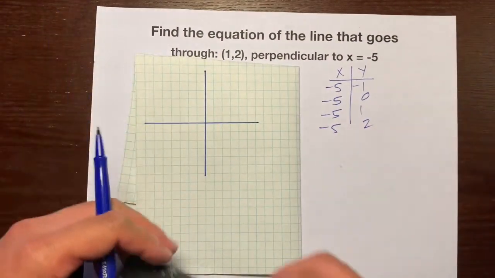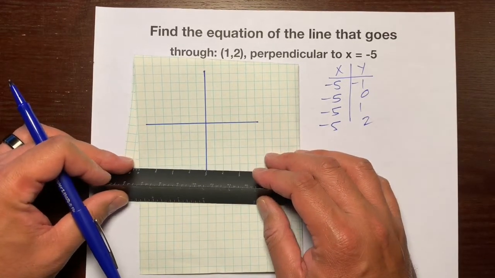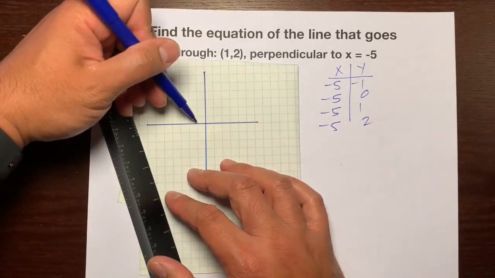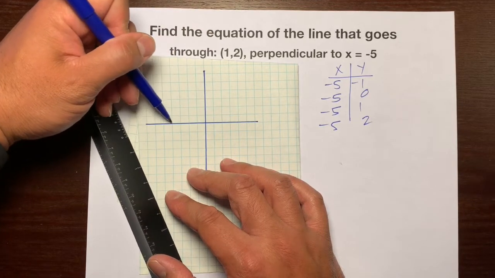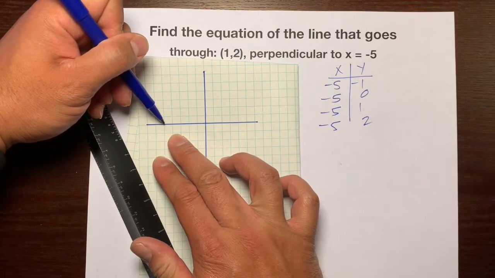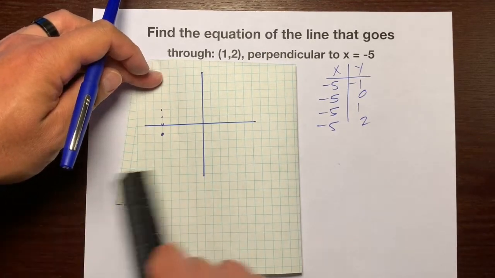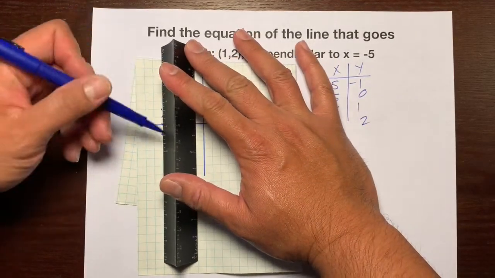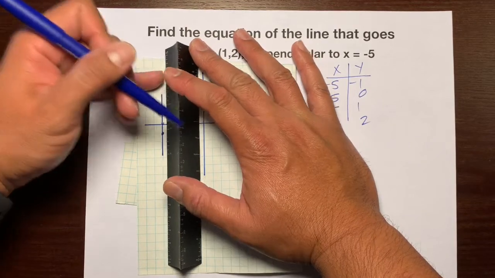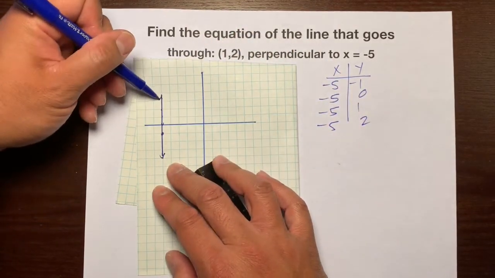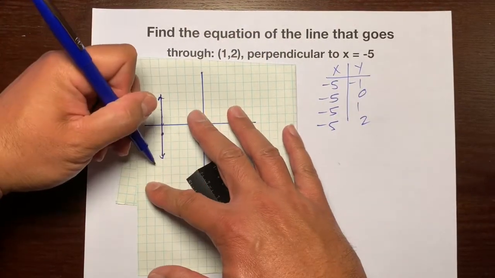And let's plot all these points right here. So negative 5, 1, 2, 3, 4, 5, and negative 1, 0, 1, 2. So here is our x equals negative 5, and let's label it.